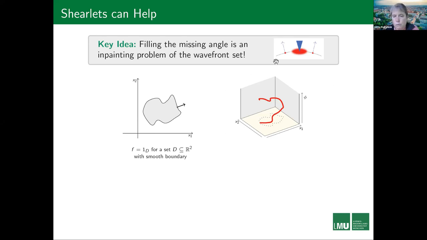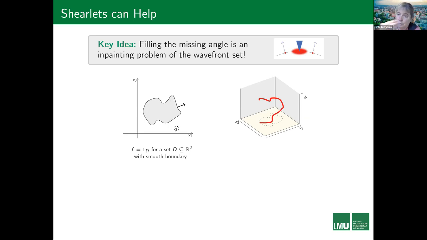You can show this in such a diagram, in such a phase space, where here you have the plane, here you have the direction, and each point of this curve is mapped to one particular direction. So this would be mapped to this direction, which is here, and so on. This would be the so-called wavefront set of this object.